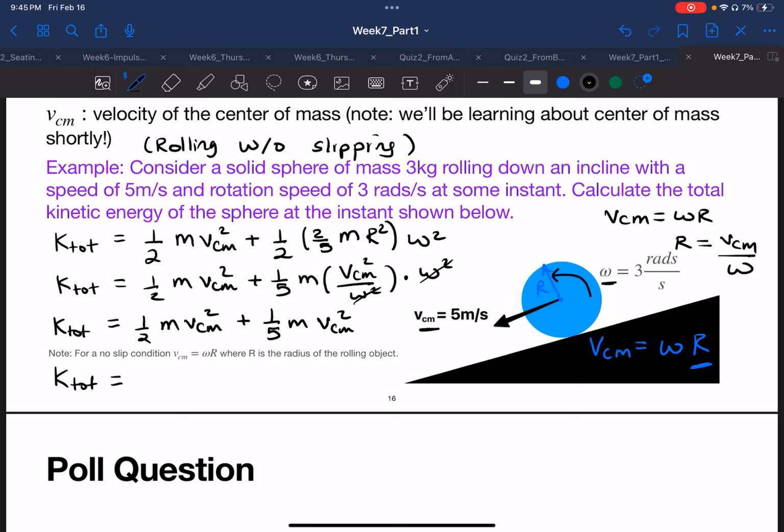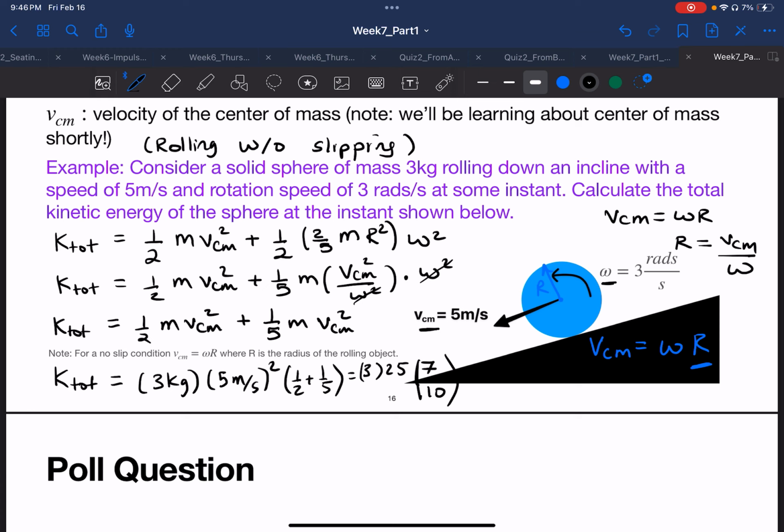So we have 1/2. Well, let's factor out m times VCM squared. So the mass is 3 kilograms. Velocity of the center of mass is 5 meters per second, squared. And then we have 1/2 plus 1/5. All right, so we get 3 times 25 times 1/2 plus 1/5, which should give us 7/10.